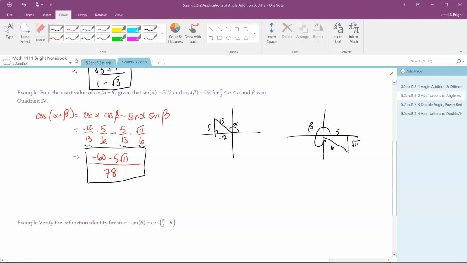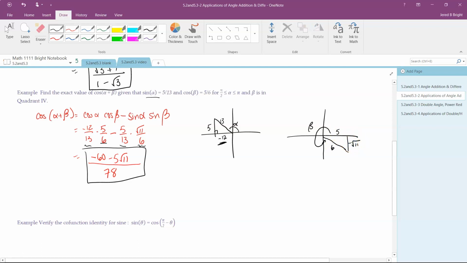And for that I had to make little sketches. So alpha, it said, was effectively in quadrant 2, right? And then once I'm in that quadrant, I use the information for alpha that I was given, so sine was 5/13, to find the missing side of minus 12. That's a Pythagorean triple. And for beta, similar thing, it's in quadrant 4, so I had to draw a little sketch, say that cosine was adjacent over hypotenuse, so 5/6, and that left negative square root of 11.